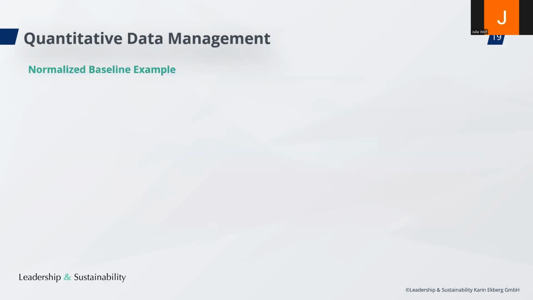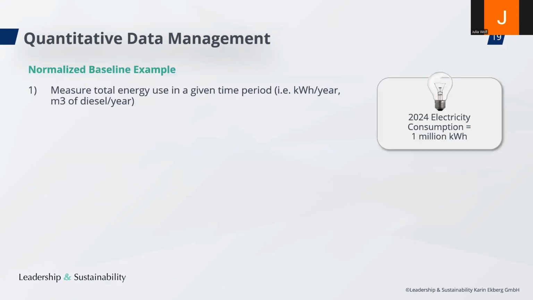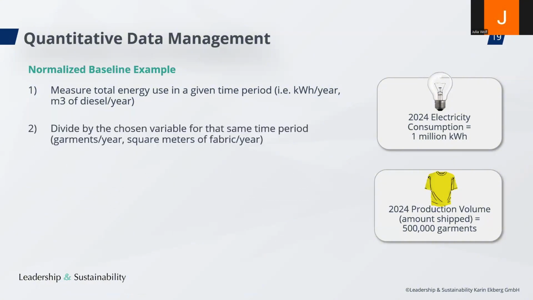And now a very, very simple normalized baseline example. In this case, we have a very simple number. We have an electricity consumption of 1 million kilowatt hour in 1 year. And in that year, we produced 500,000 garments.